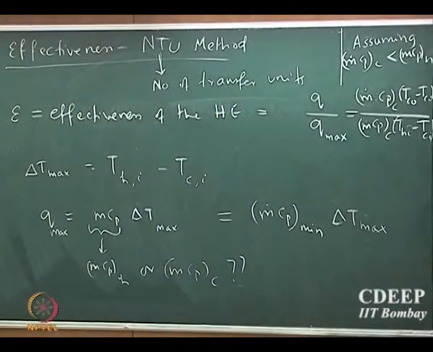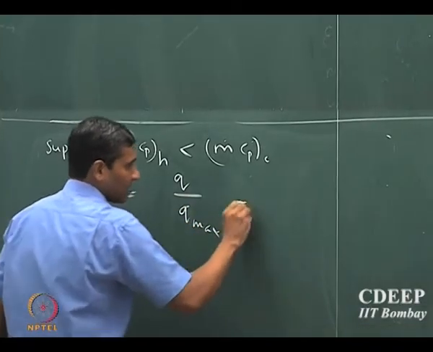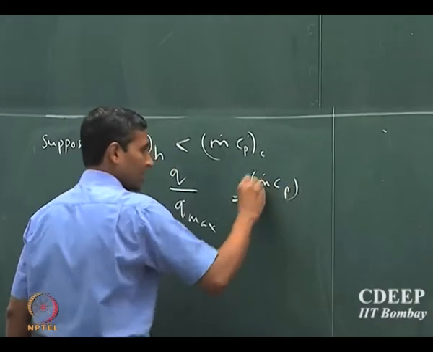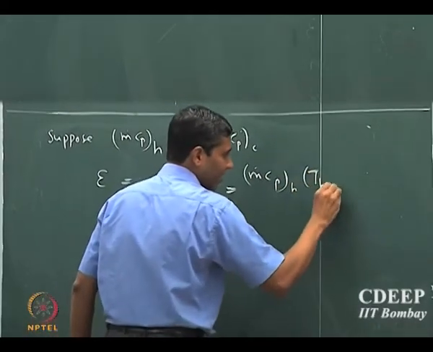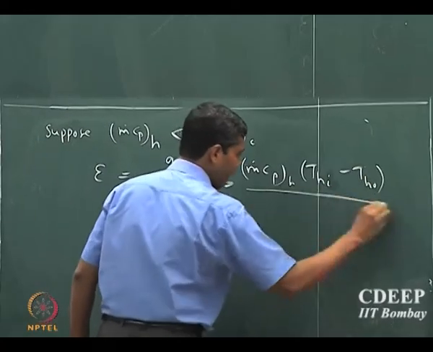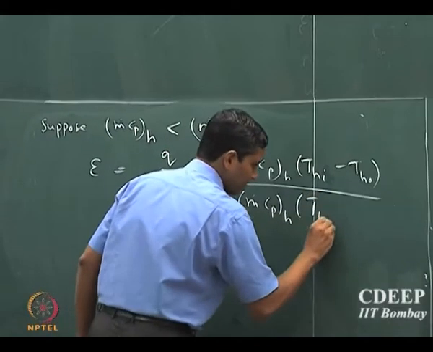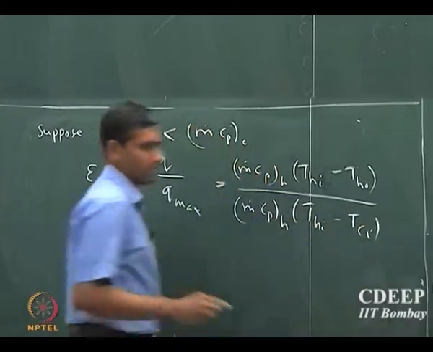That should tell you the theoretical maximum possible heat transport rate. Therefore, if m dot Cp of the hot fluid is less than m dot Cp of the cold fluid, one can immediately define epsilon as Q by Q max, which is m dot Cp of hot fluid multiplied by Thi minus Tho, divided by m dot Cp of hot fluid multiplied by Thi minus Tci.